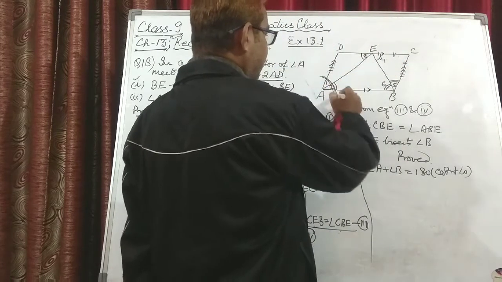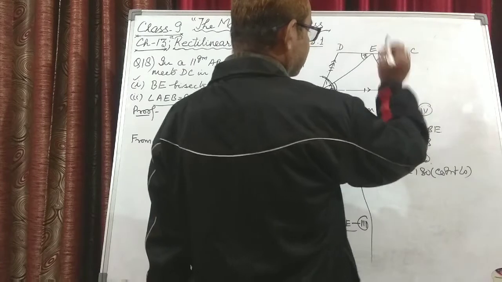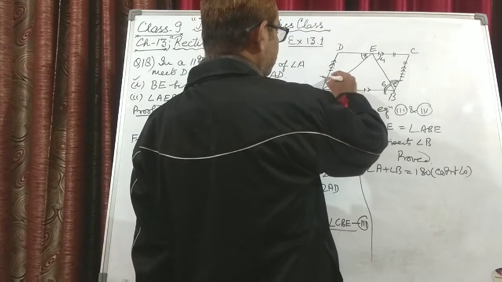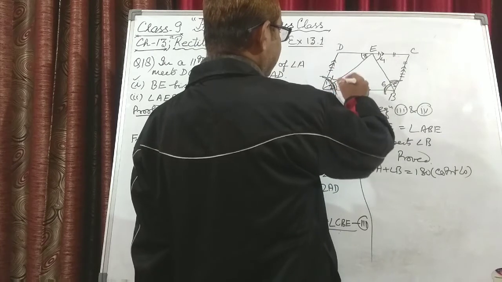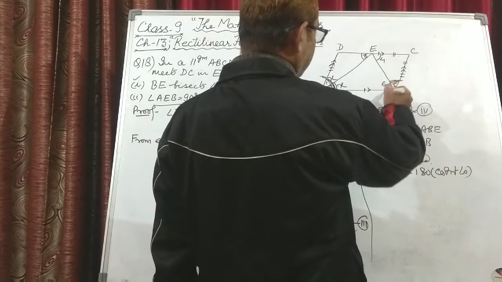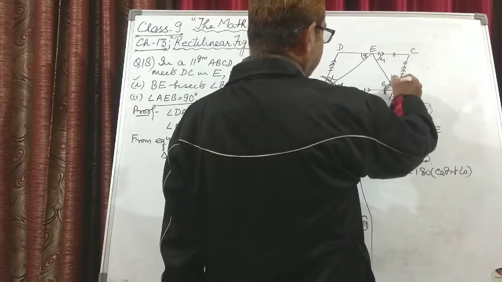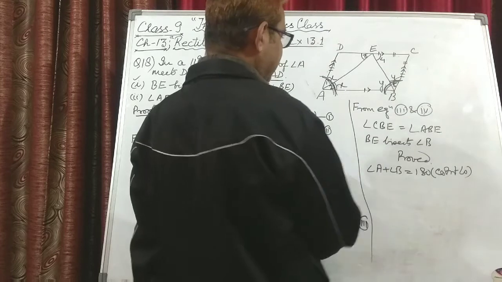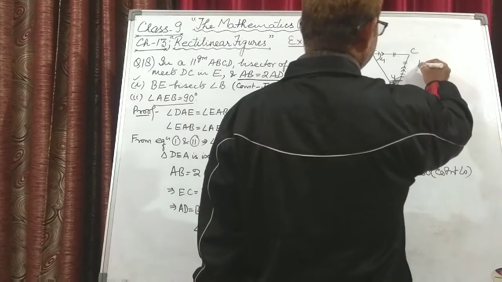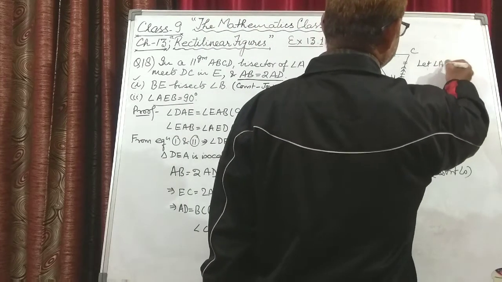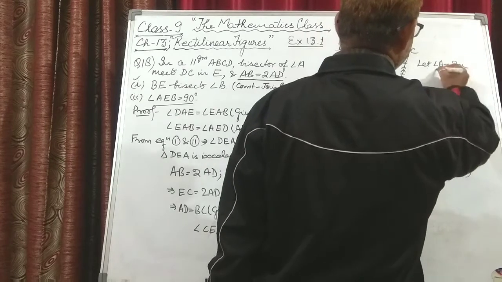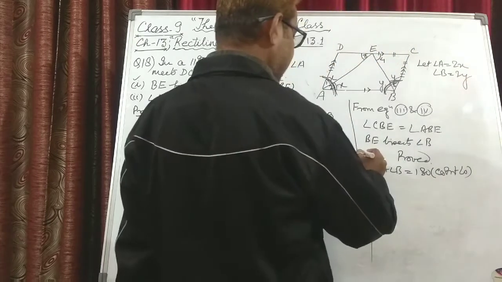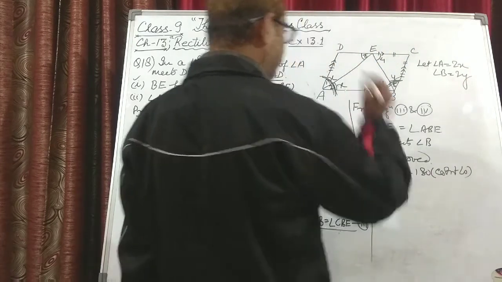So if this total is 2x, this will be x and this will be x, and this total is 2y, so this will be y and this will be y. I am taking, let angle A be equal to 2x and angle B be equal to 2y for the second part.